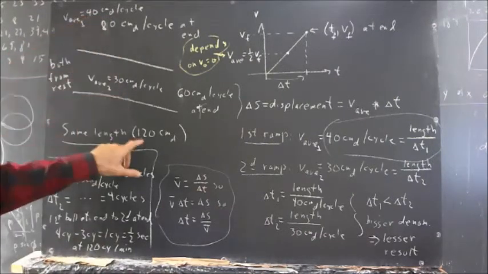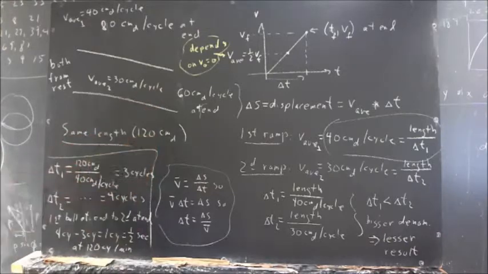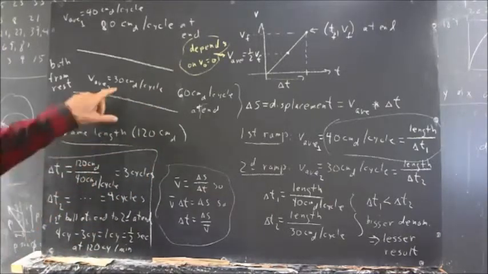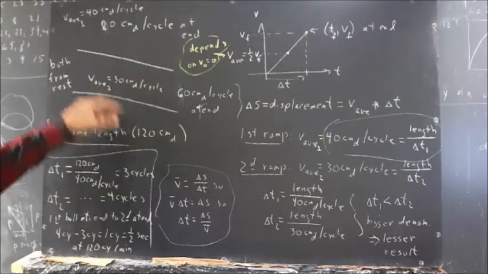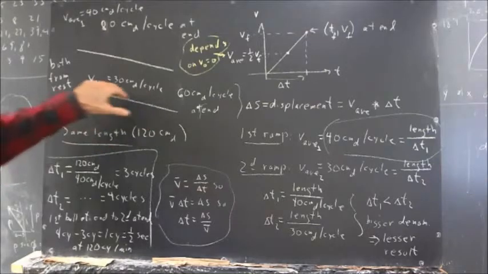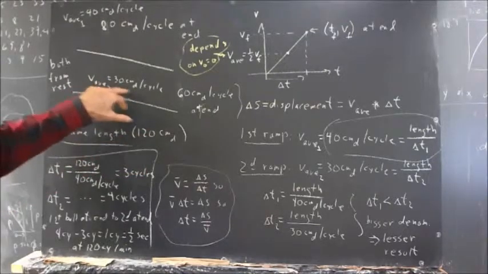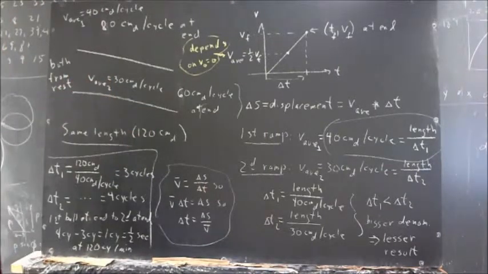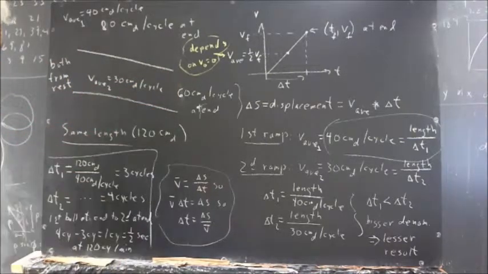So to travel 120 centimeters d is going to take pretty clearly 3 cycles. Moving at 30 centimeters d per cycle, it's going to take 4 cycles to move 120 centimeters d. 120 centimeters d divided by 30 centimeters d per cycle gives you 4 cycles. So this one's going to take 3 cycles, this one's going to take 4 cycles.